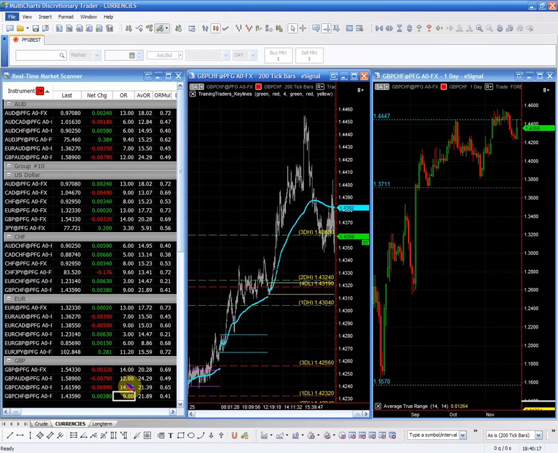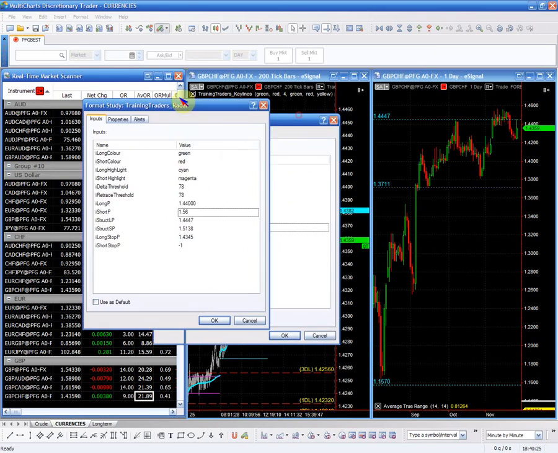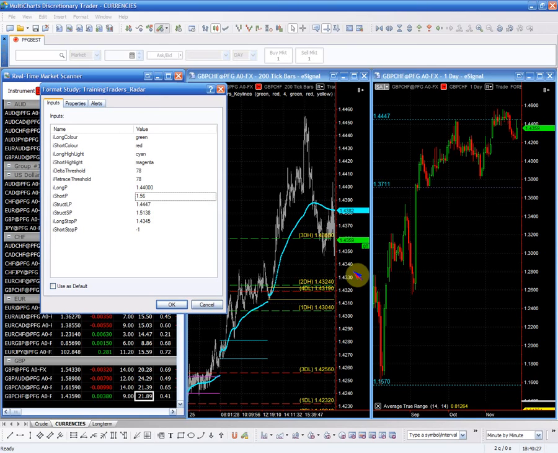It's a minor structure, not a real structure, but I'm going to take it. I'm using this entry that broke the structure here, so 143, let's say 30.